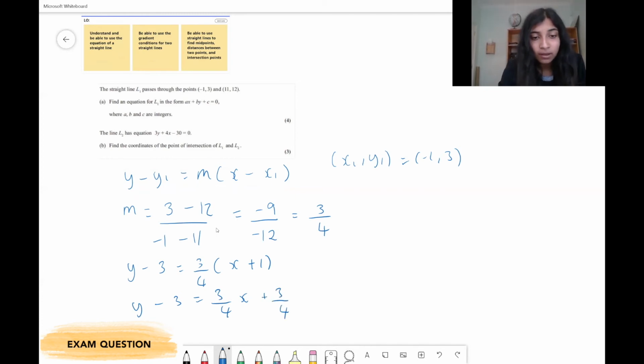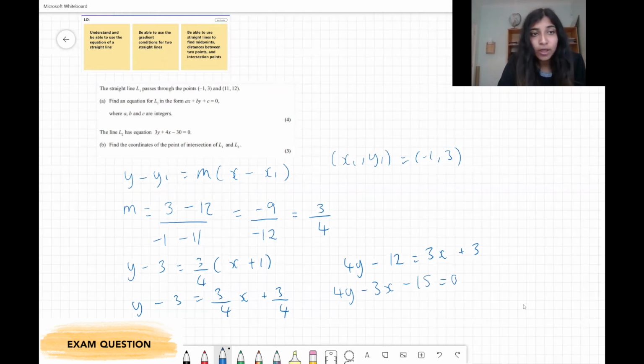Because we want it in the form ax plus by plus c, we multiply everything by 4, so you would get 4y minus 12 is equal to 3x plus 3. Then we want to put everything on one side so we have 0 on the other side. So we subtract 3x on both sides, we get 4y minus 3x, and then if we subtract 3 from both sides, we get -15, and that's equal to 0. So that's how you would solve part A.